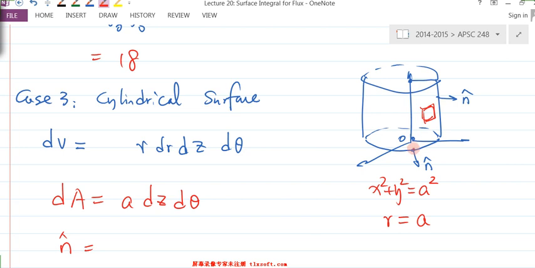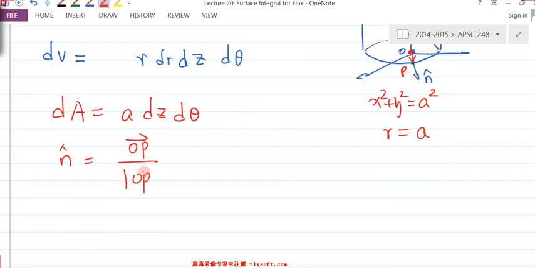If I extend this n hat, does that make sense? So let's say this is a point P. What is the vector perpendicular to the surface at this point P? OP is perpendicular, and n hat should be normalized.